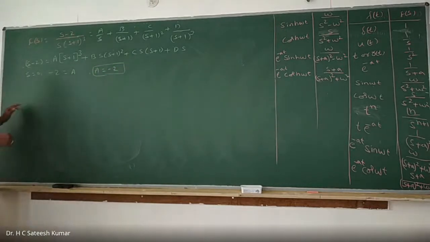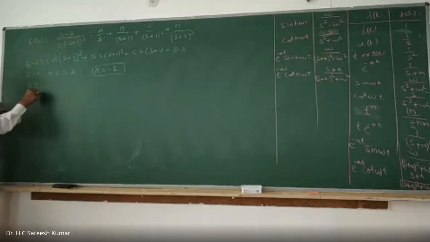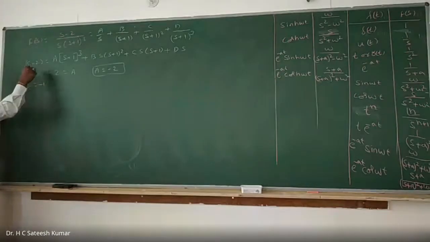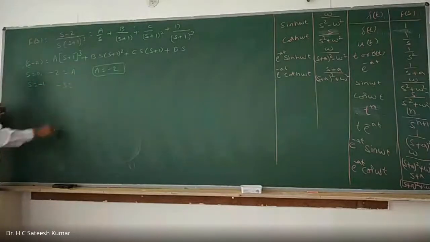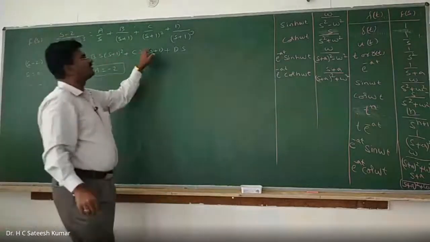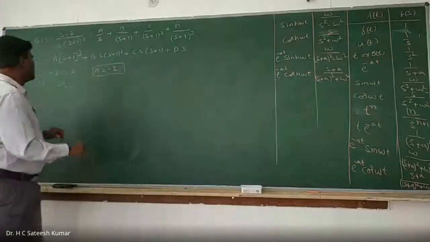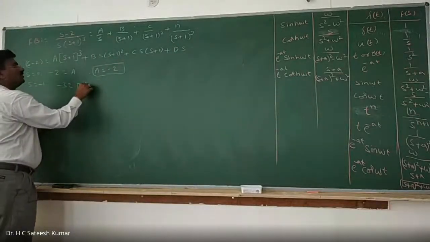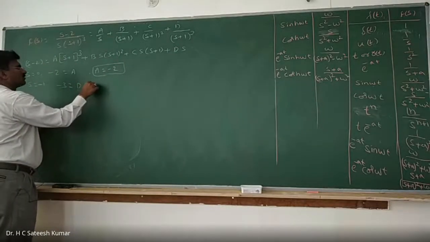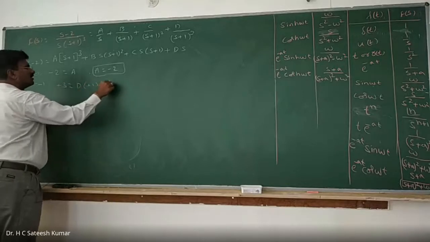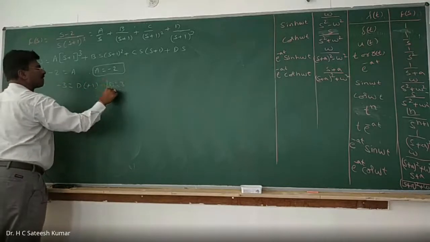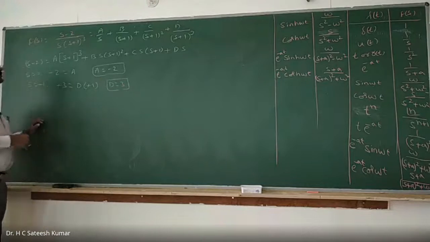Now put S is equal to minus 1. Minus 1 minus 2 is minus 3, and the other terms are 0. Then minus 3 is equal to D into S, which is minus 1. The minus signs cancel. D is equal to 3.